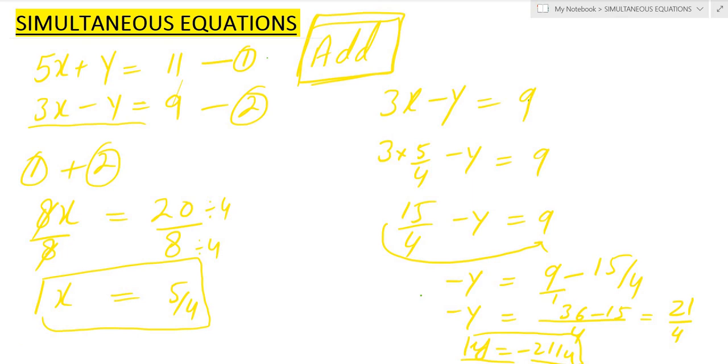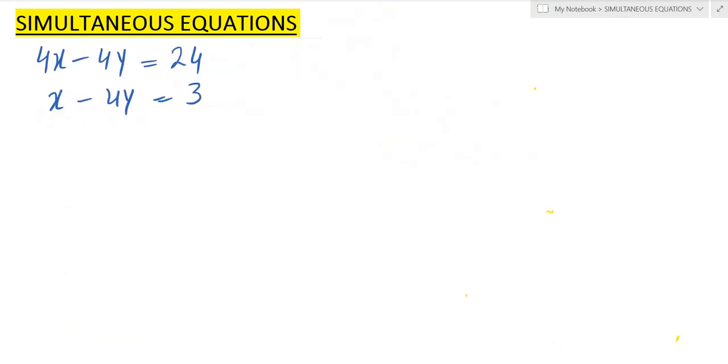Okay guys, this is the third question. Here we can see that there's a 4y and 4y, so the y coefficients are the same, but the signs are both minus. So I'm going to write down here, if the signs are the same, meaning both are plus plus or both are minus minus, then you need to subtract them.